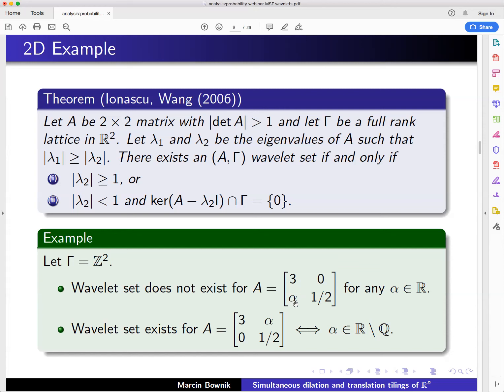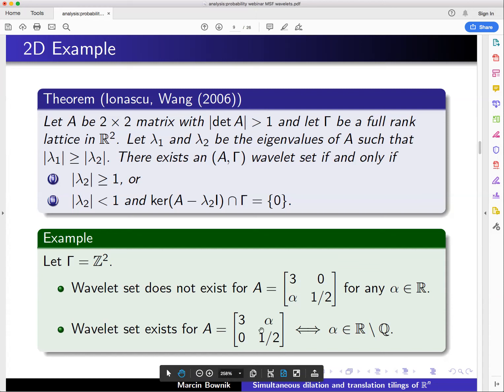When you look at the eigenspace corresponding to 1/2, you subtract 1/2 from the diagonal, and you get the space spanned by e2, the second vector, so this is a vertical line. And this vertical line contains points of the lattice, regardless of what alpha is. So that's why you have the non-existence result.